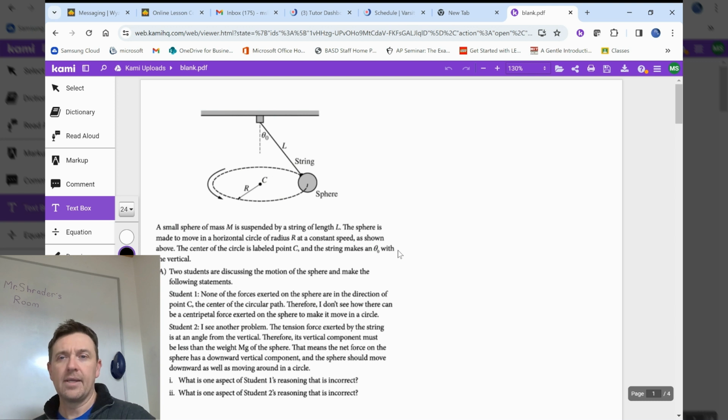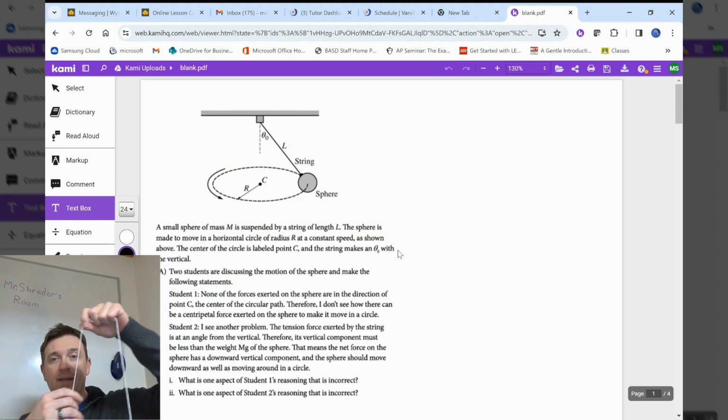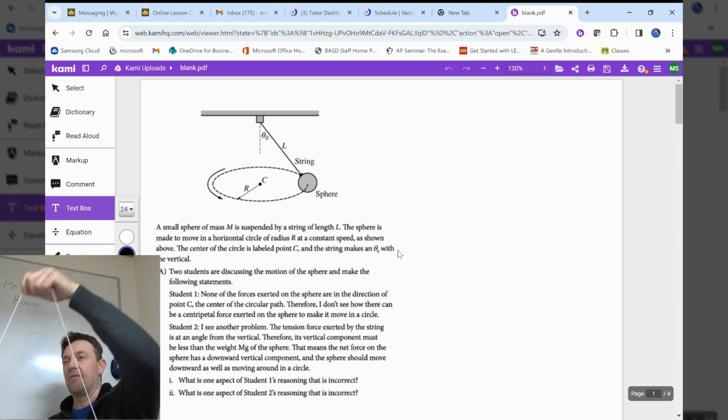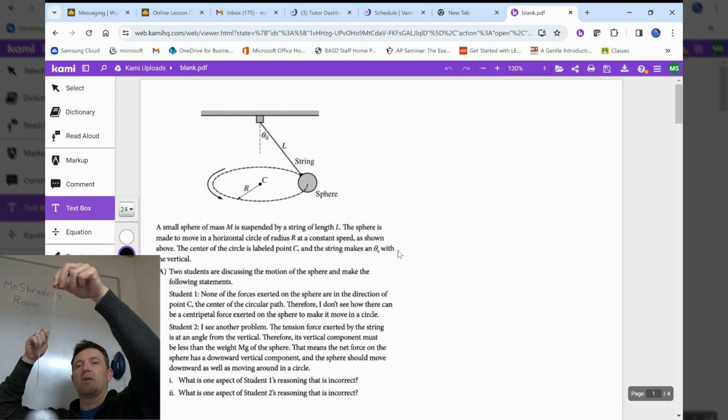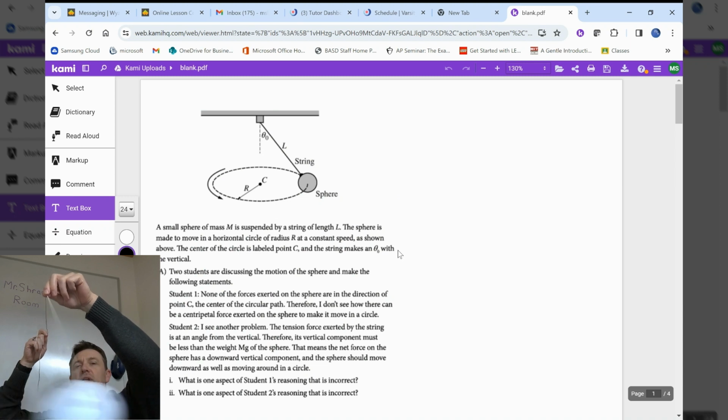Okay, so here we have a ball that's tied to a string, and I have one of these right here, and it makes a conical pendulum, and I can make this ball go in a horizontal circle like this with this string, and I'm not making it go any faster, and I'm not making it go any slower. I'm just having the ball go in a circle. It's always changing its direction.